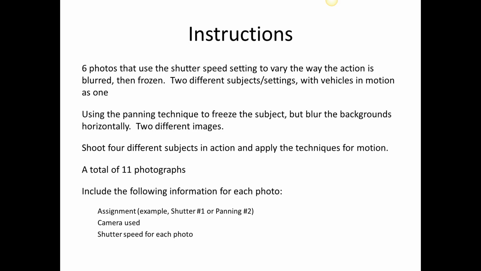I asked you to shoot 6 photos using the same general subject or environment, varying your shutter from slow, like 1/8, to medium, like 1/100th of a second, to fast, anything over 1/500th of a second. When you use the faster one, you freeze the subject.